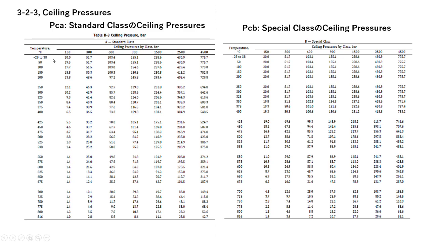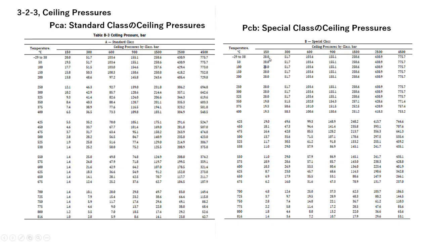So the ambient temperature working pressure, we call the cold working pressure, CWP. So standard class ceiling cold working pressure, this. Also, special class is the same value indicated.